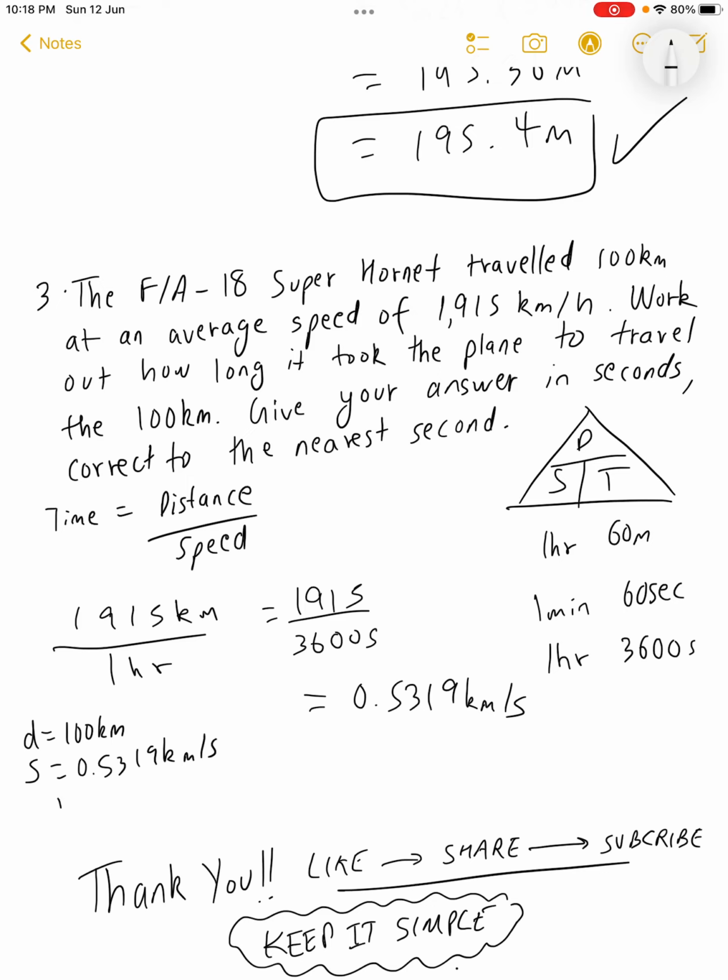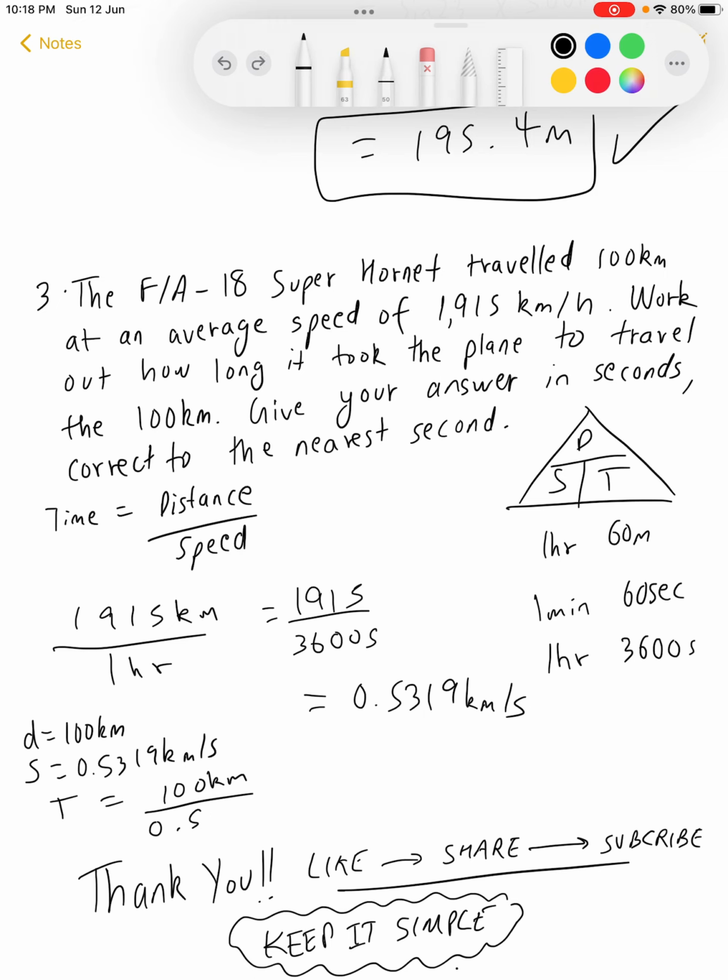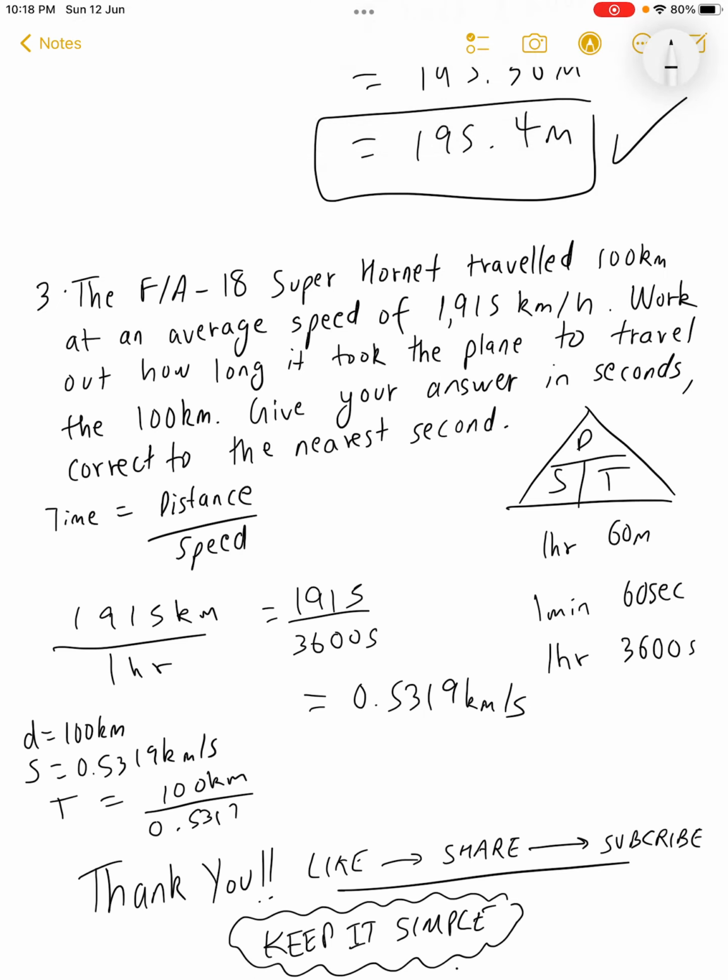All you need to do is time is equal to distance, 100 kilometers, divided by the speed, 0.5319 kilometers per second. You're going to have it equal to 100 divided by 0.5319.